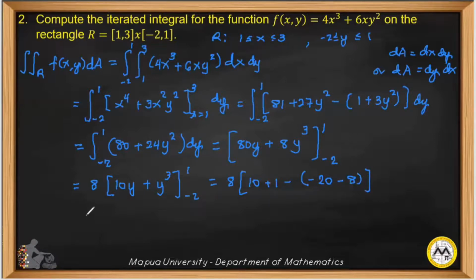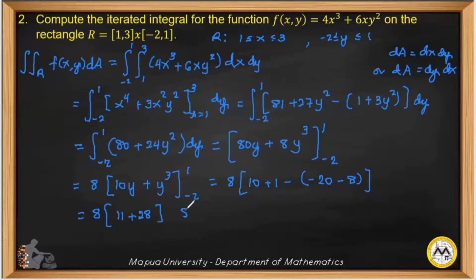We have 8 times the quantity: 11 minus negative 28, minus minus is positive, so plus 28.